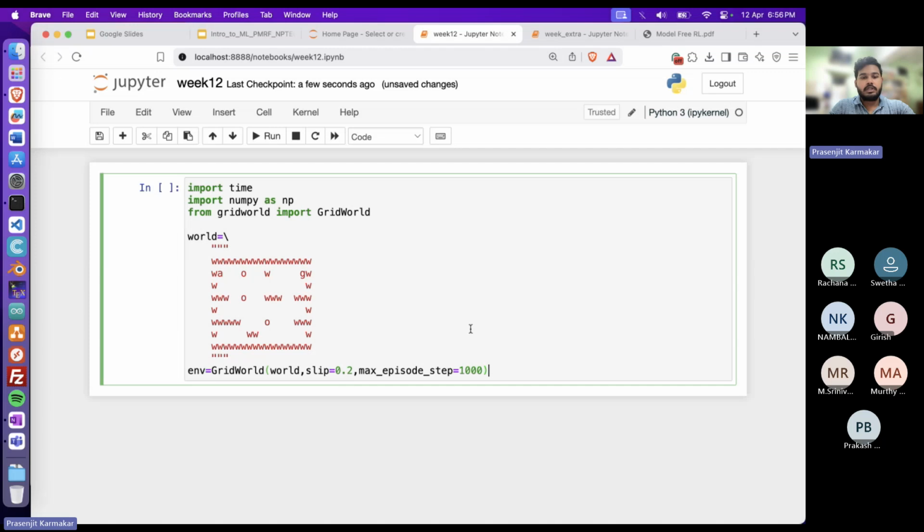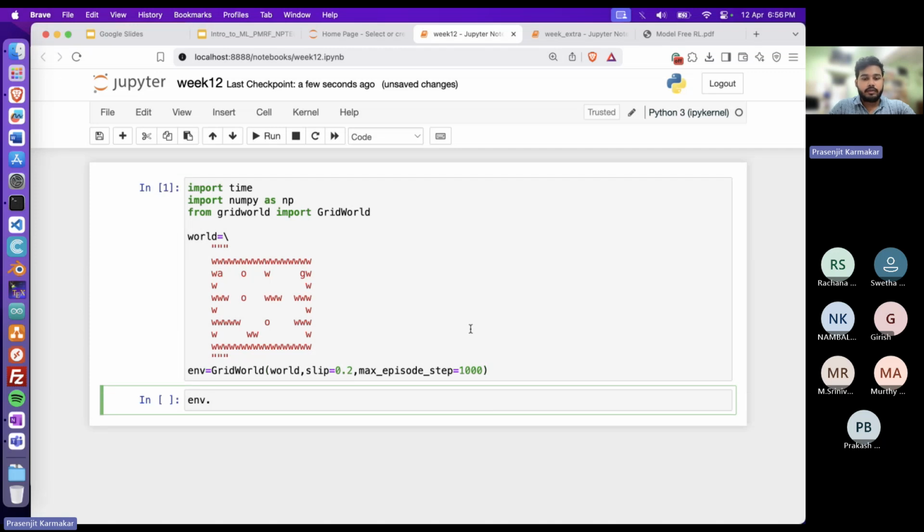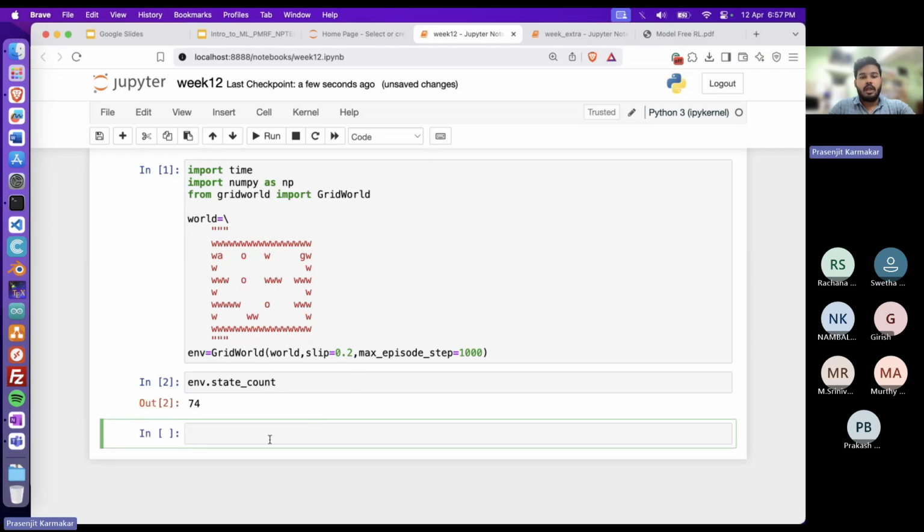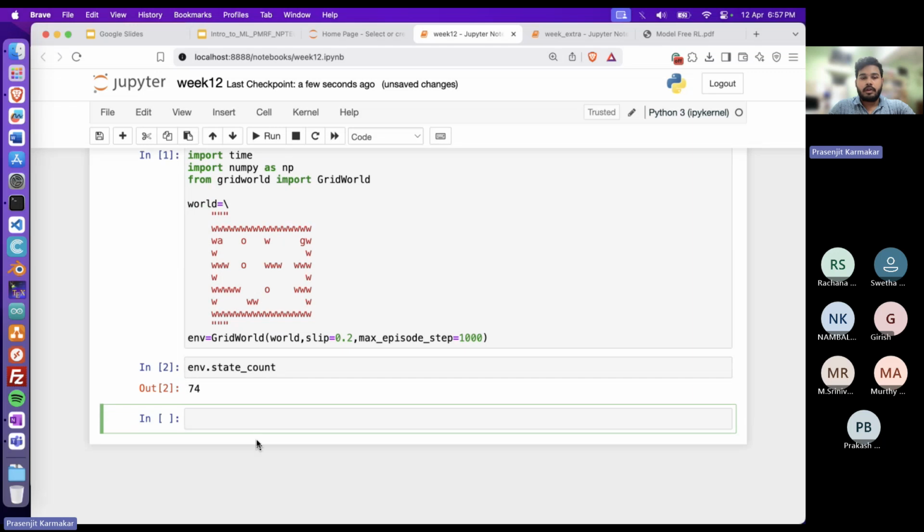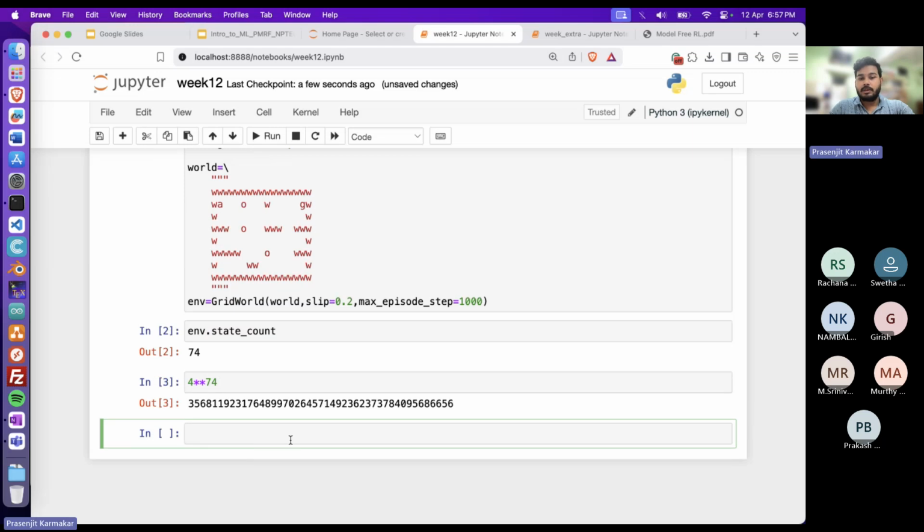How many states are there? The state count is 74 states. So what is the possible number of policies in this case? 4 to the power 74. These are the possible number of policies.